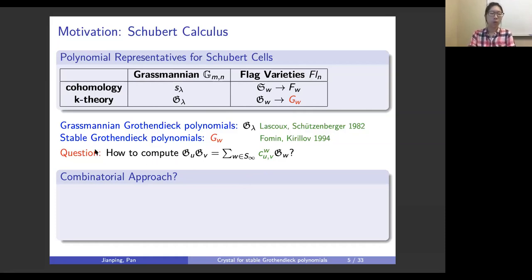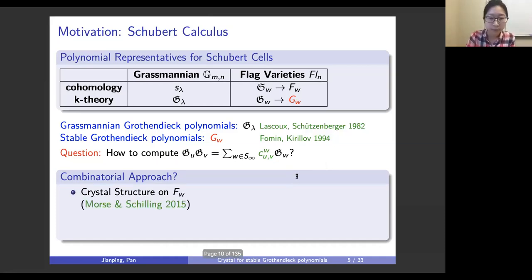One fundamental question in Schubert calculus is how to compute intersection numbers. Here we can also ask, how do we compute the intersection numbers using the K-theory of flag varieties? In general, it's a very difficult problem, and there's no combinatorial interpretation of those constants. So one idea is to find combinatorial objects associated to these polynomials.